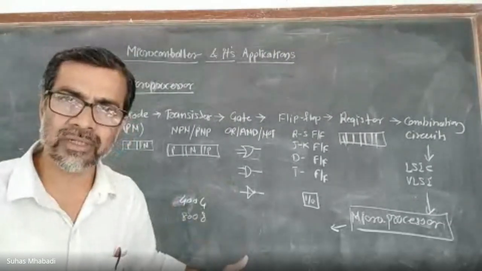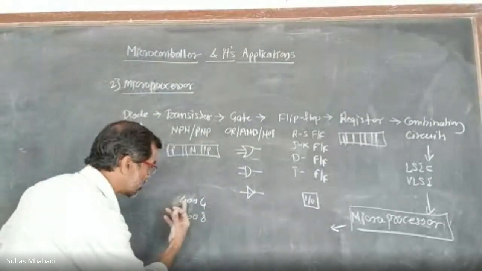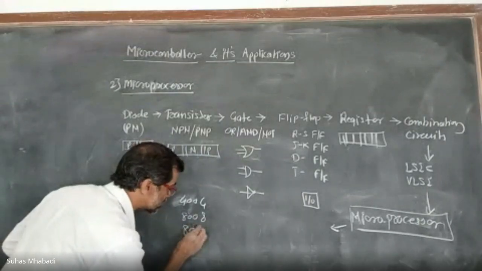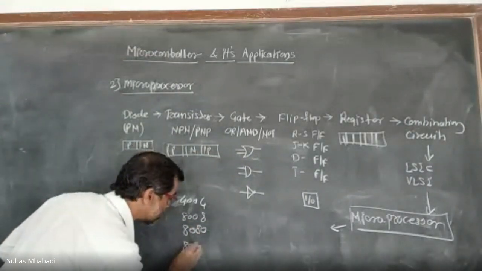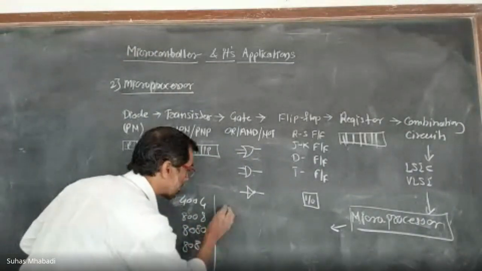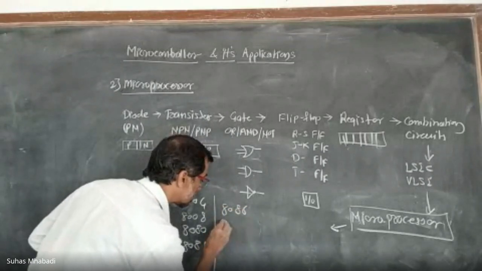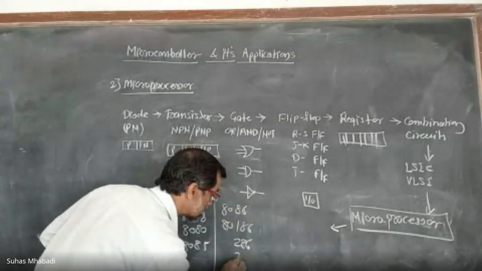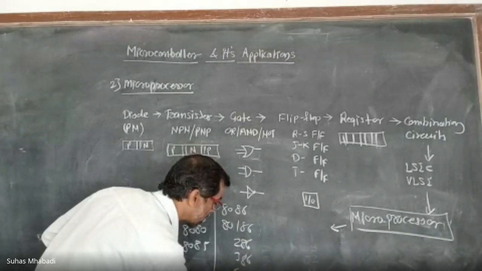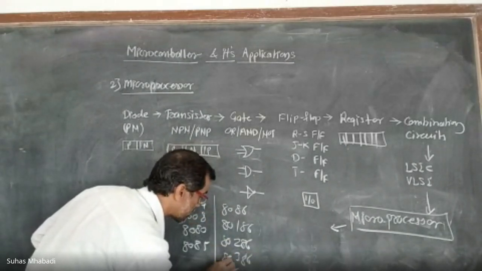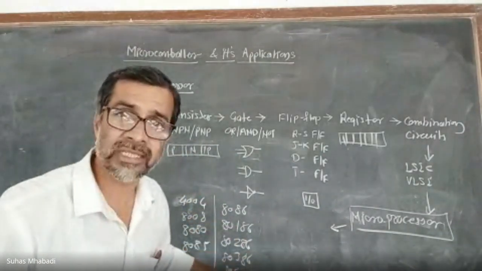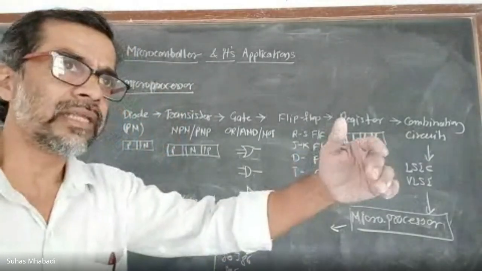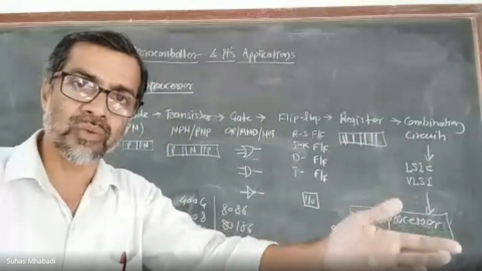I'm going to list them quickly: 4004, 8008, 8080, 8085, 8086, 186, 286, 386, 486, and so on.